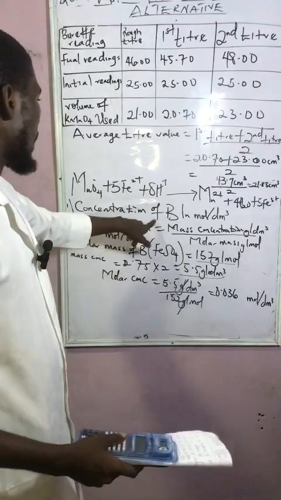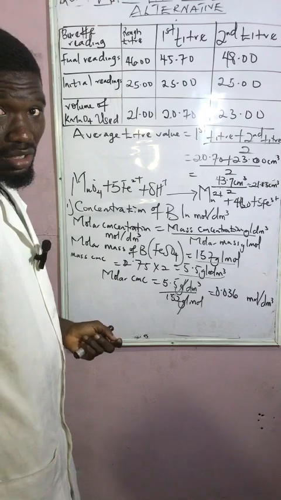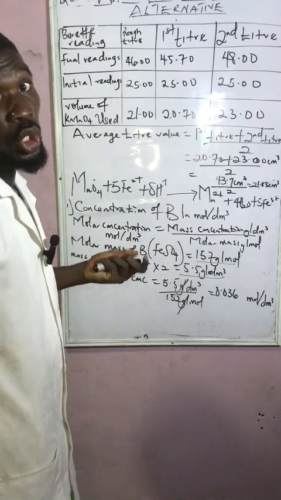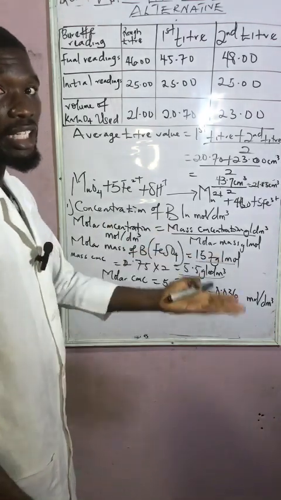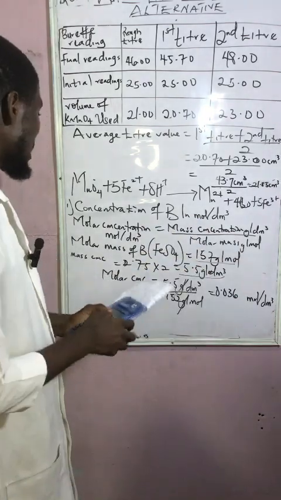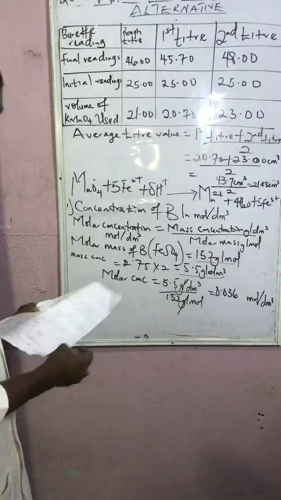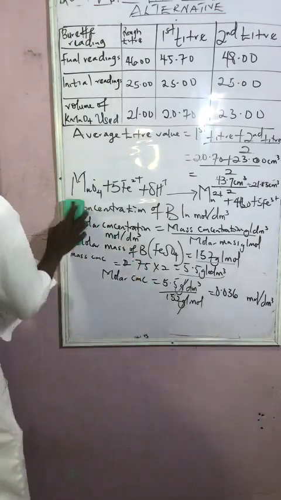And note one thing, our B serves as the base. Concentration of B in mole per dm cube. So that serves as the base. Exactly now. So let's take a look at the second question. Please take note of what you have on the board. Take a screenshot of that. So we have number 2.